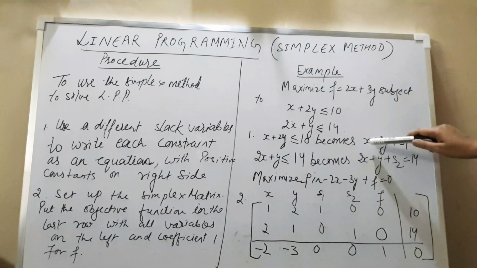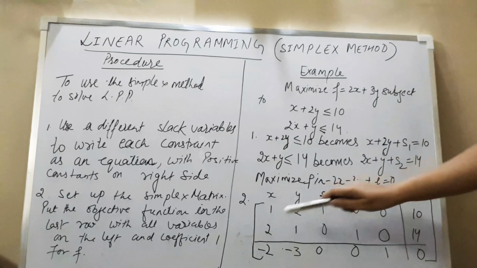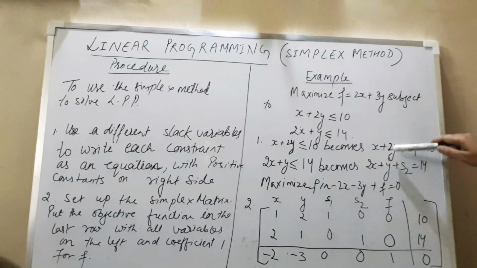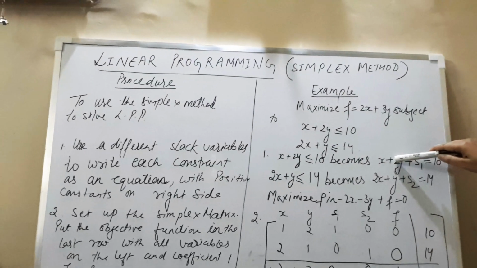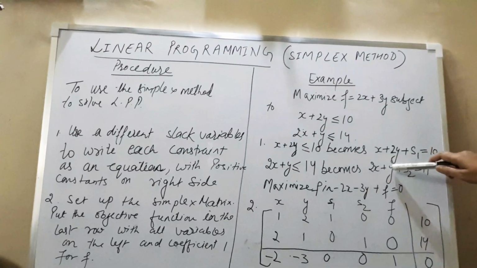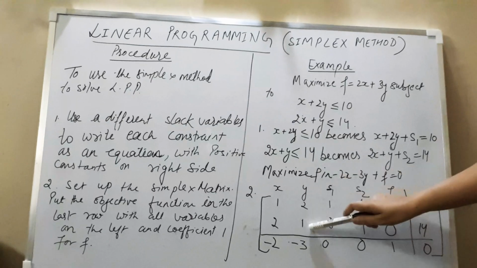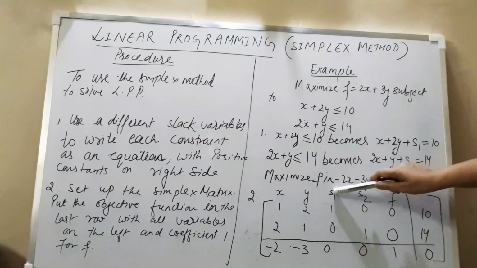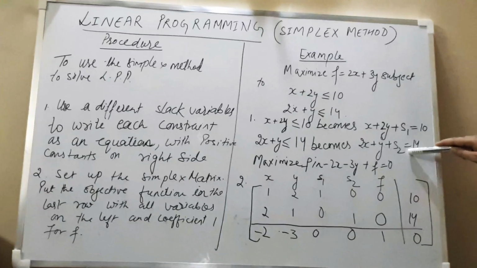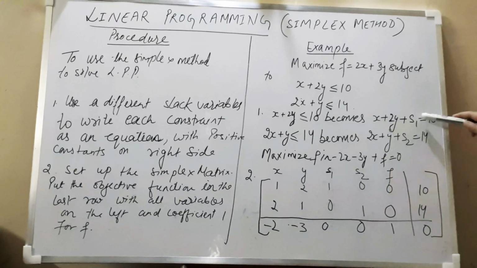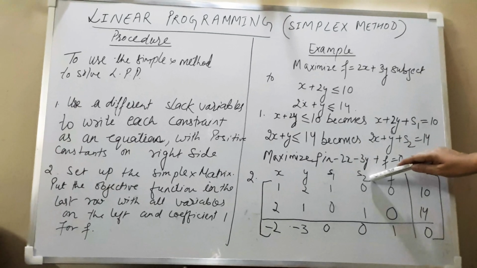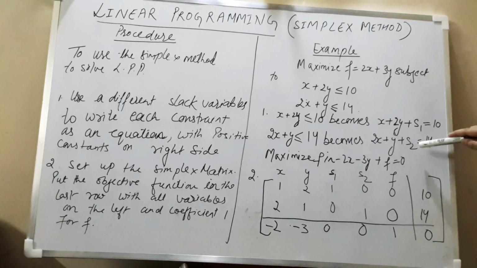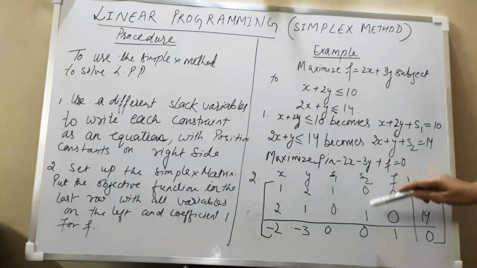So here the coefficient of x is 1 in the first equation and 2 in the second. The coefficient of y is 2 in the first equation and 1 in the second equation. Then the coefficient of s1 is 1 in the first equation and 0 in the second. For s2 it is 0 in the first and 1 in the second equation.